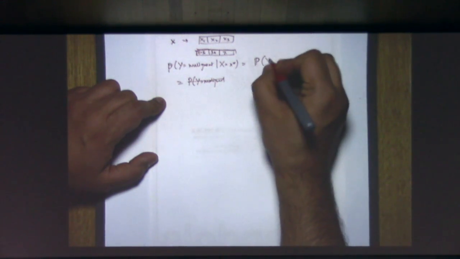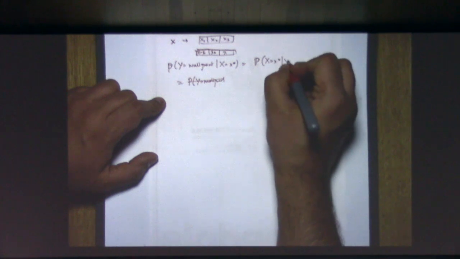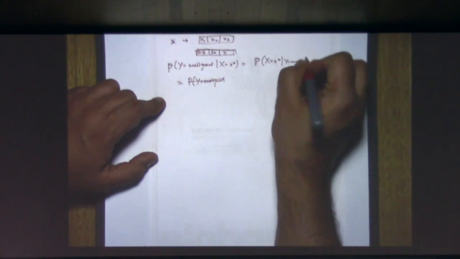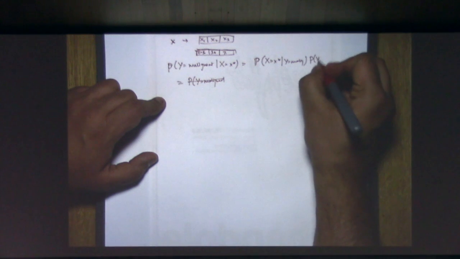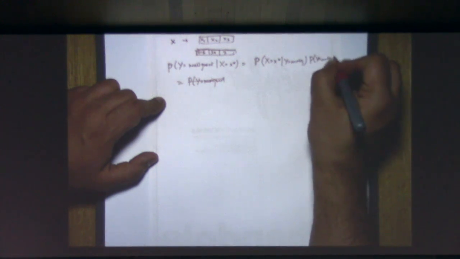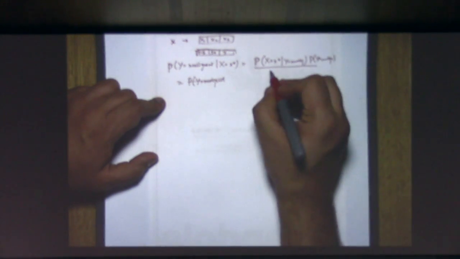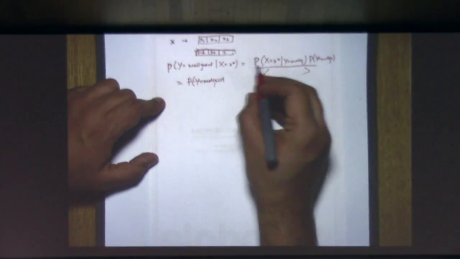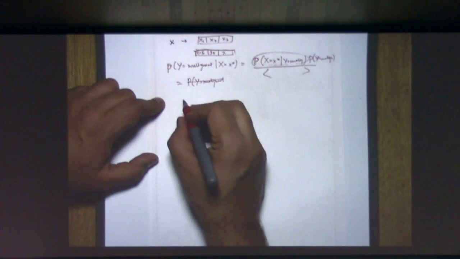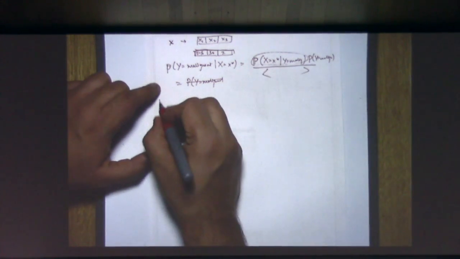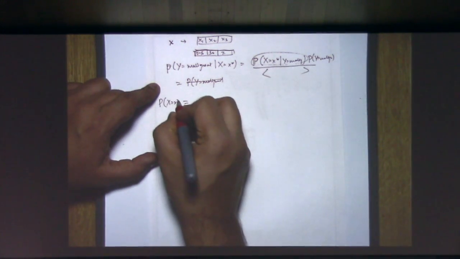So this would be the probability of x equal to x star given y equal to malignant times y equal to malignant, divided by that denominator that we usually see, which is the sum of these things, right? Now this can be factorized because we are assuming they are all independent of each other.